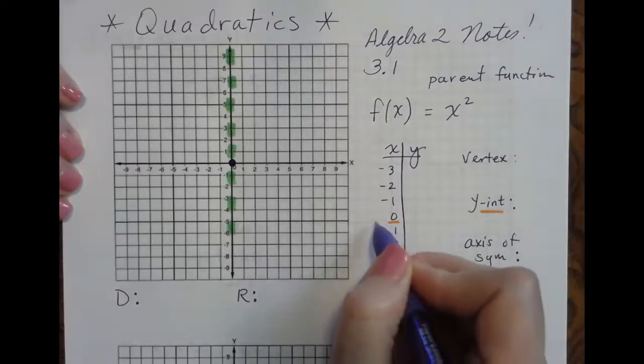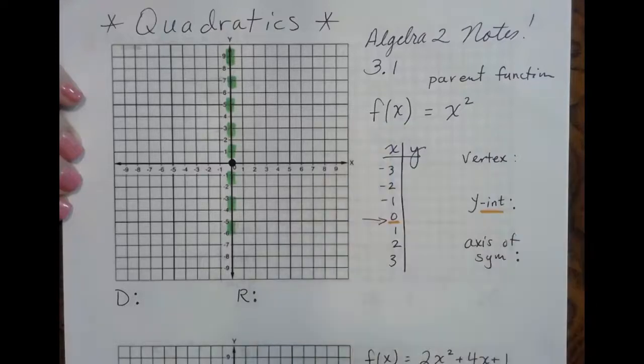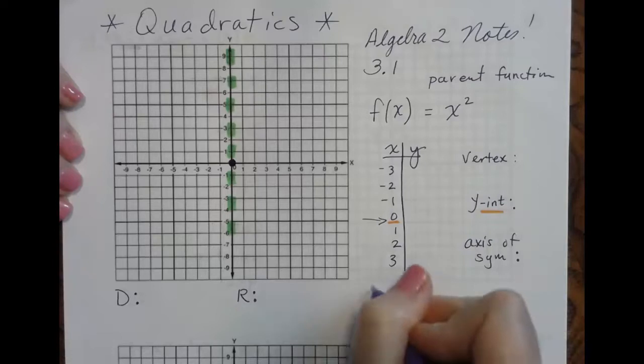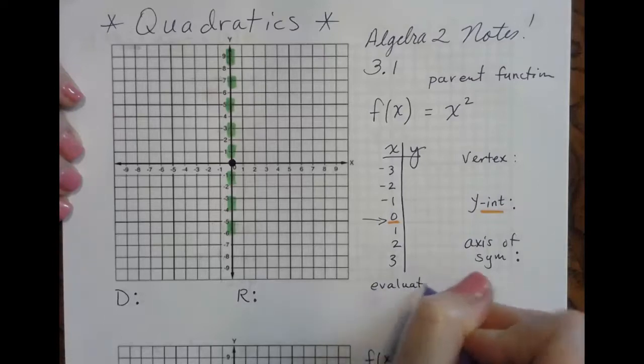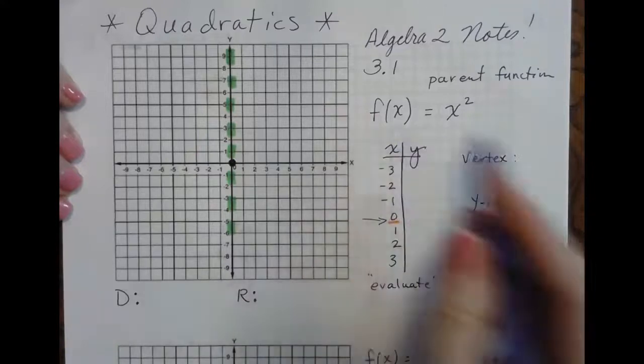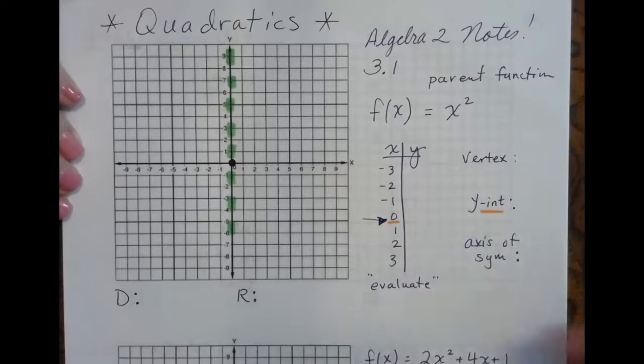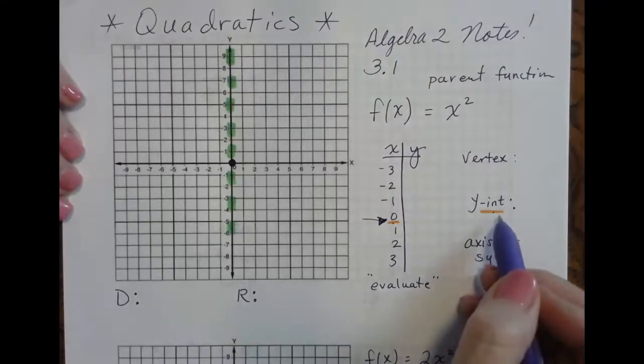So here we go. Whenever we plug in 0 into a function, which is what we're about to do here, remember we're going to evaluate, that's the math word, we're going to be evaluating the function f of x when x equals 0. And I've got it highlighted here in orange because not only is it going to be the vertex, it's also going to be where the graph crosses the y-axis, and that is the y-intercept.